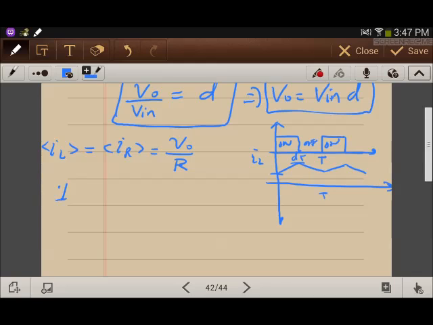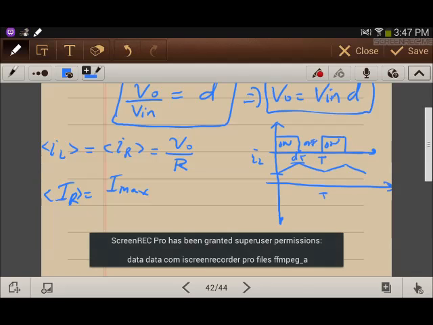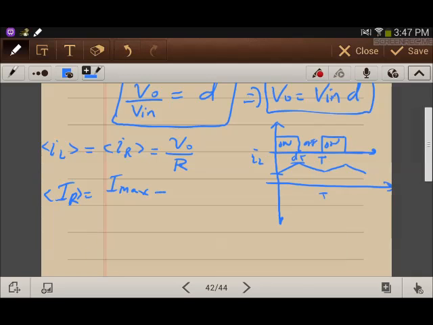And we know that IR, the average value of the current across the resistor, is I max plus I min divided by 2.